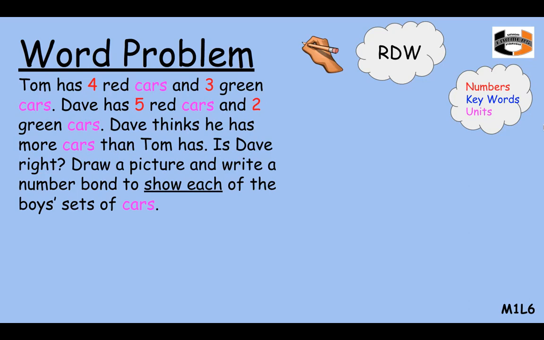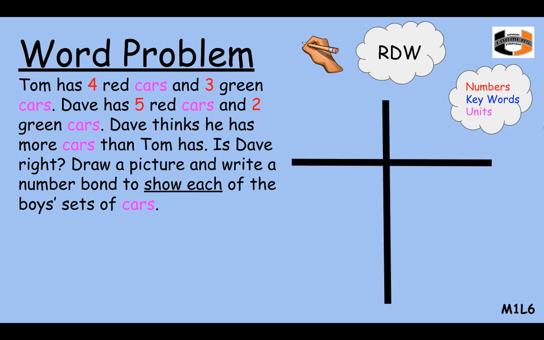So we're going to be making a comparison. And when we make a comparison, I like to make a T chart. So draw a big T, and you're going to put Tom's name on one side and Dave's name on the other side.